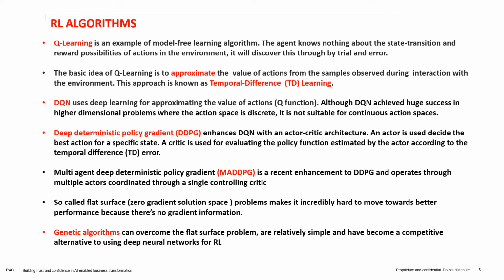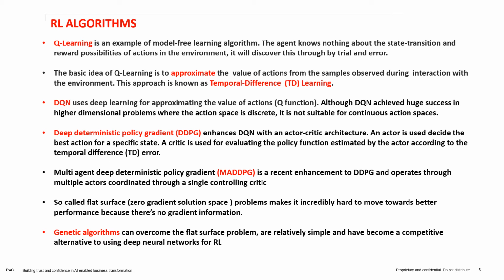So in RL, this is a very big problem, because if there's no gradient to work with, the agent won't move in any direction and it will get stuck, and it could be quite catastrophic. And all deep learning algorithms suffer from this problem, and also all of the DQN algorithms.